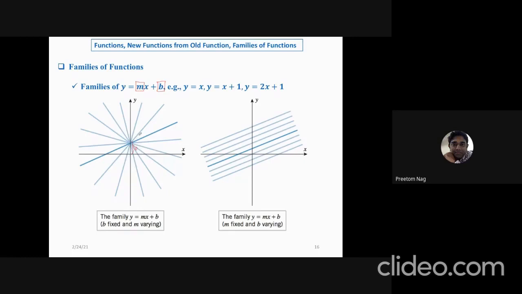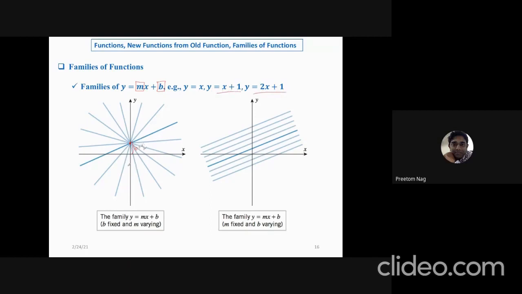If we change m, then the straight line will rotate about this point. That means the slope of this line will change. For example, if you have y equals x plus 1 and y equals 2x plus 1, if I choose these 2 points, then b will be equal to 1.